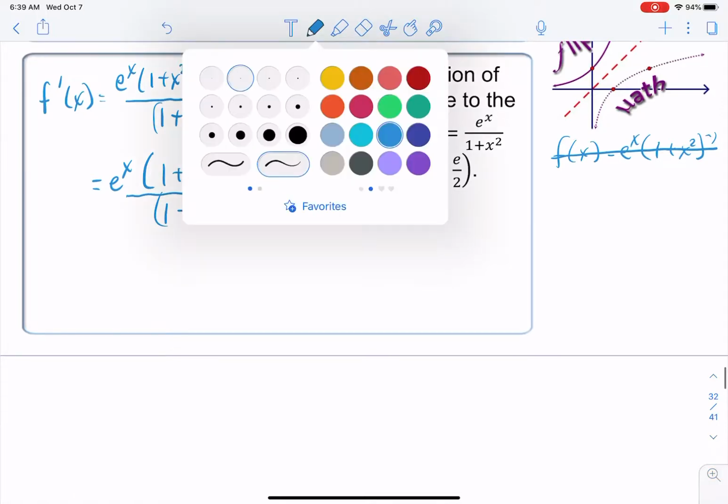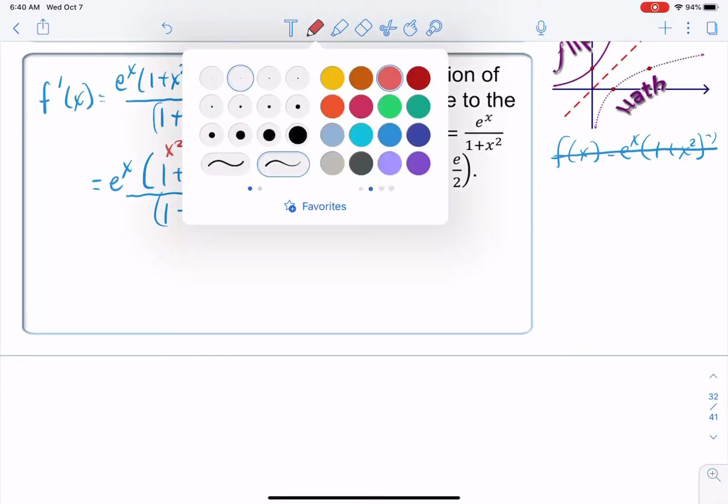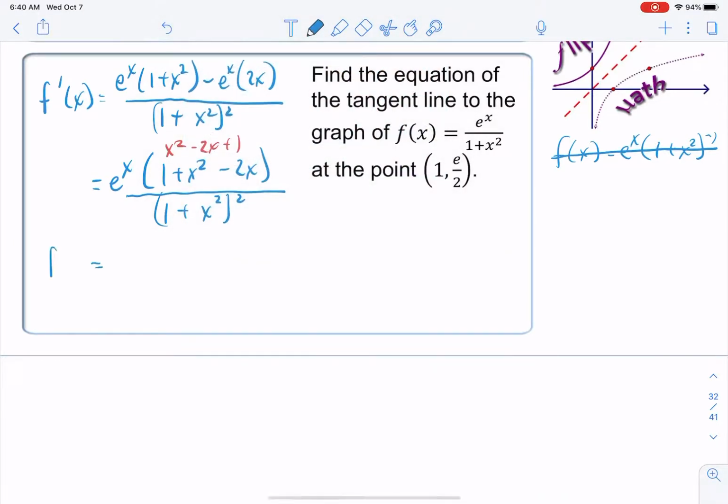I can rewrite this as x squared minus 2x plus 1, and then see that that's a perfect square right up there on top. So the derivative is equal to e to the x times x plus 1 squared over 1 plus x squared, squared. And there you have it.